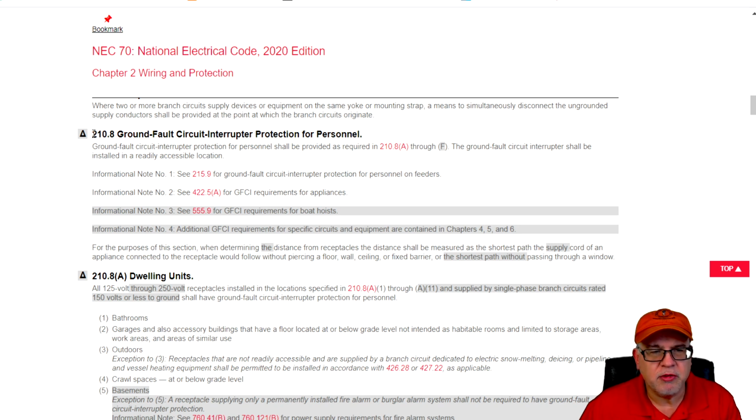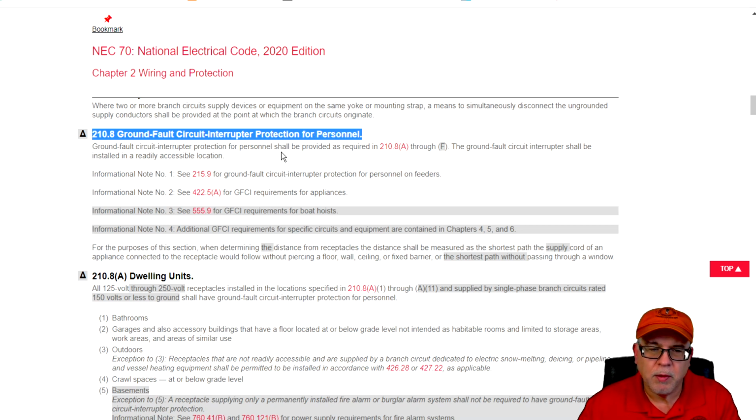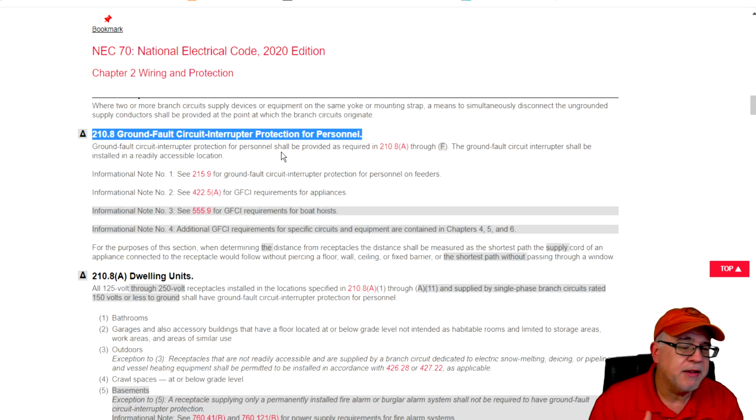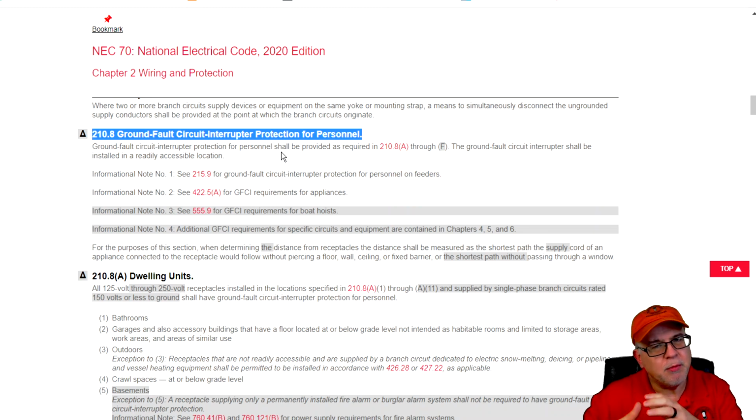Reading from the top, we're talking about 210.8 in general. That's for ground fault circuit interrupter protection for personnel. When we're dealing with 210.8(A), which is dwelling units, we're very much dealing with receptacle applications. That's the first thing to remember, because as you get into C, D, E, and F, we move out of the realm of talking only about receptacles, whereas 210.8(A) is very specific about receptacles.